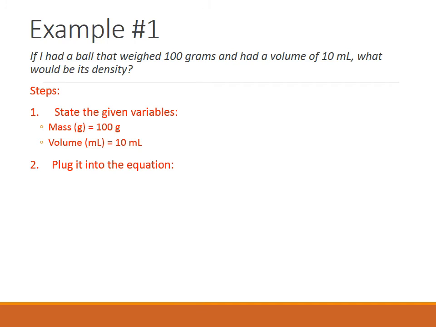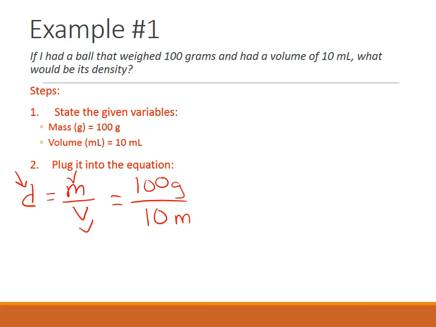So when we plug into our equation, D equals M over V, we are trying to find D. We have M and we have V. That was given to us in the problem. So we just plug that in. Mass is 100 grams divided by 10 milliliters.